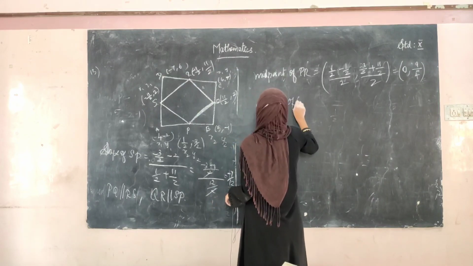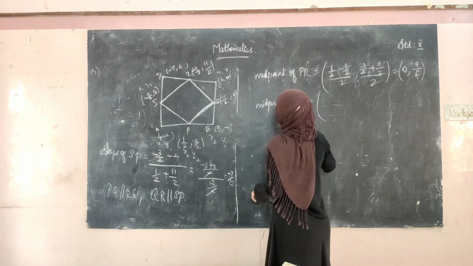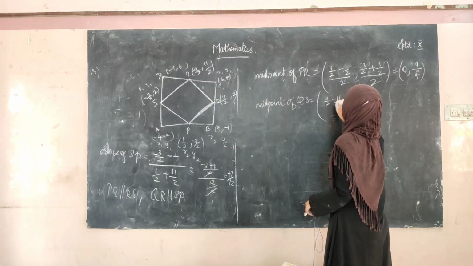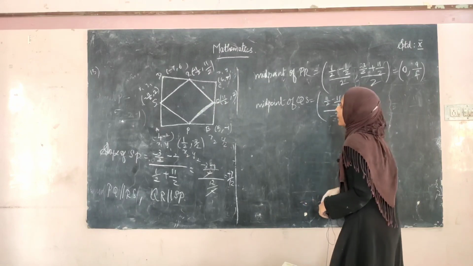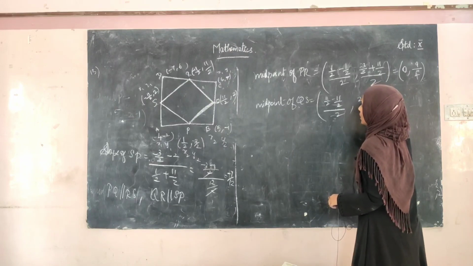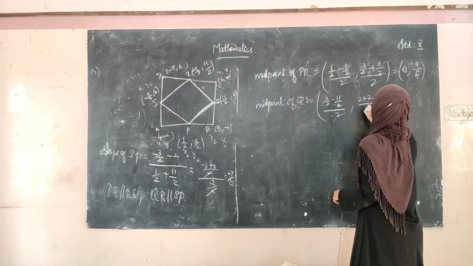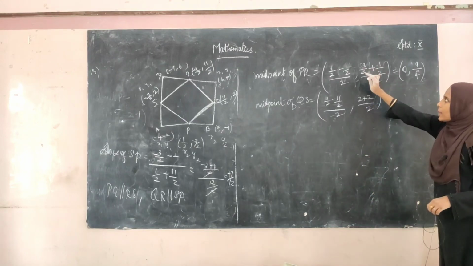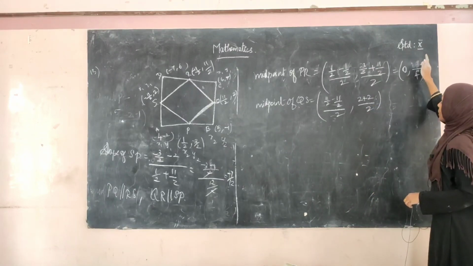Midpoint of Q and S, so it is 11 by 2 minus 11 by 2, the whole divided by 2, comma 2 plus 2 divided by 2. Sorry, this is 8, right? 11 minus 3 is 8.